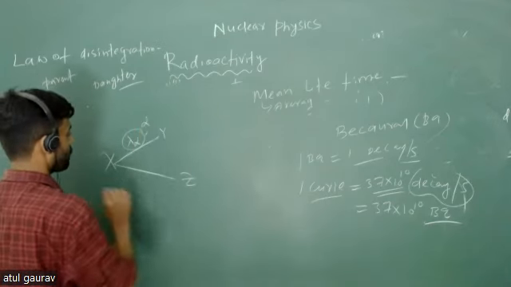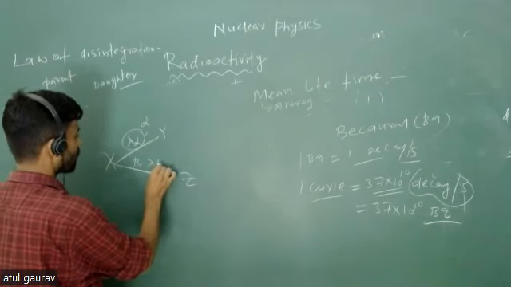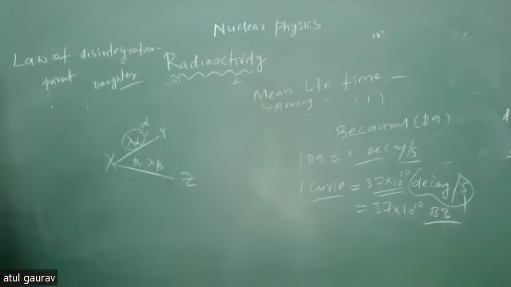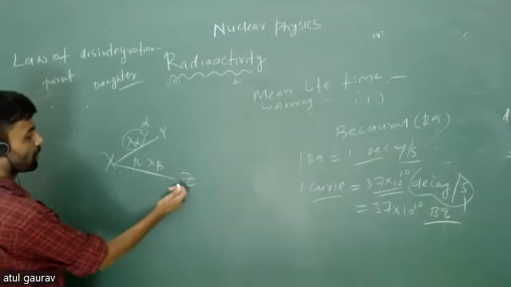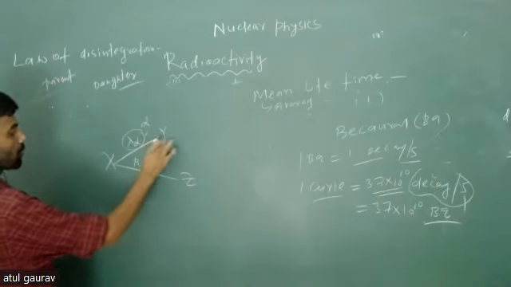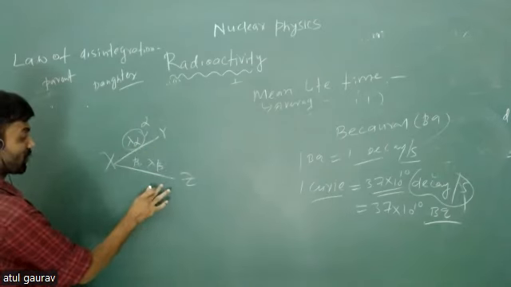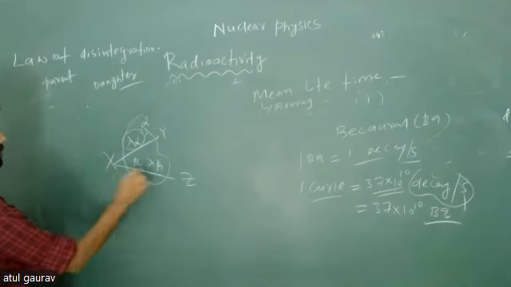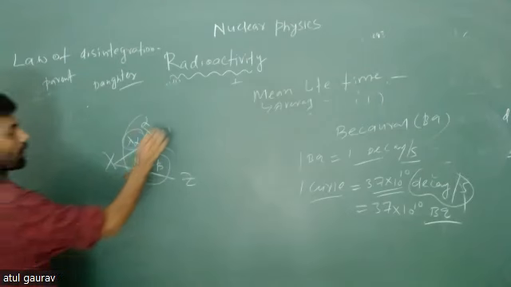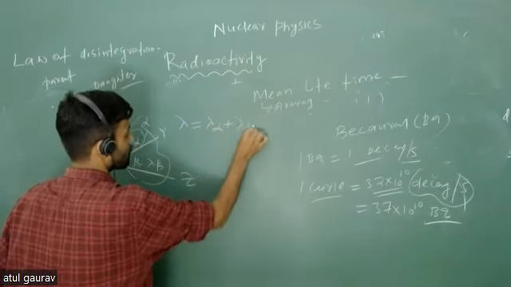So here I am writing alpha, here beta, and the decay constant is lambda beta. So the total decay constant will be lambda equals lambda alpha plus lambda beta.